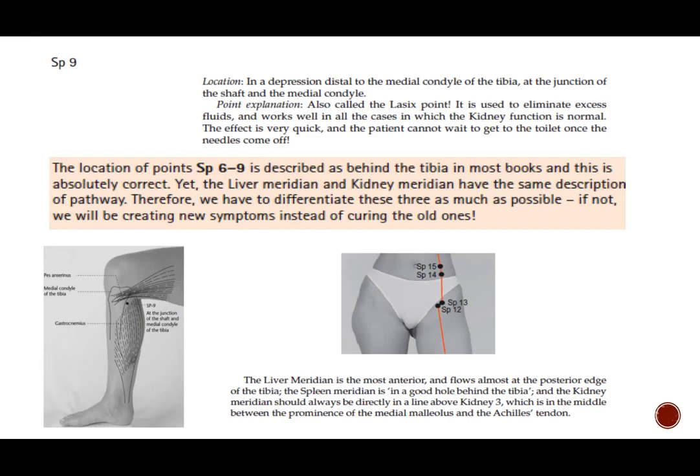The liver meridian is the most anterior and flows almost at the posterior edge of the tibia. The spleen meridian is in a groove behind the tibia, and the kidney meridian should always be directly in a line above the kidney tree, which is in the middle between the prominence of the medial malleolus and the Achilles tendon.